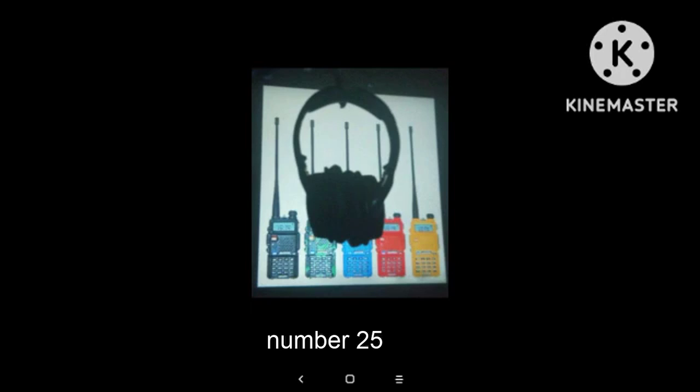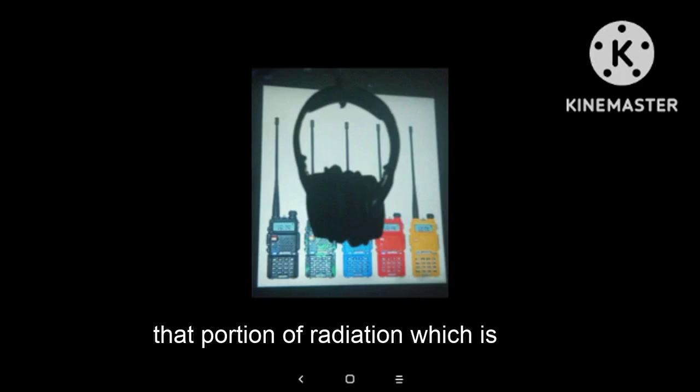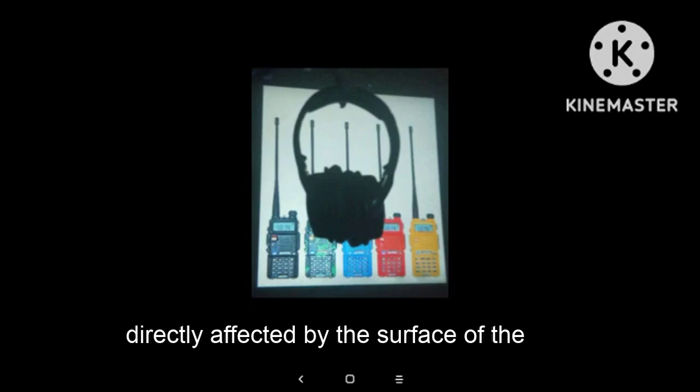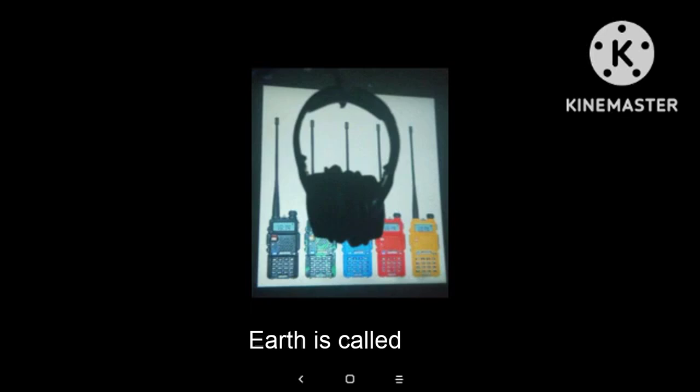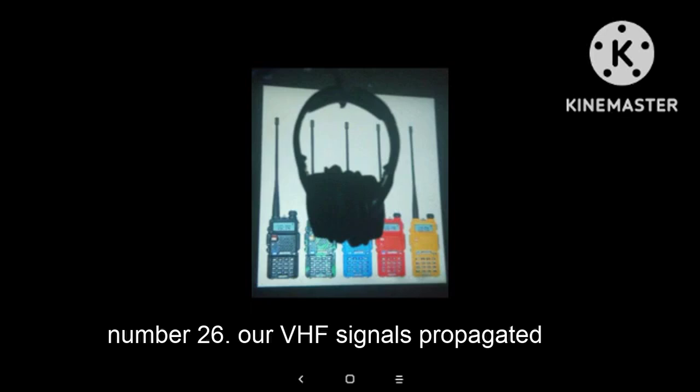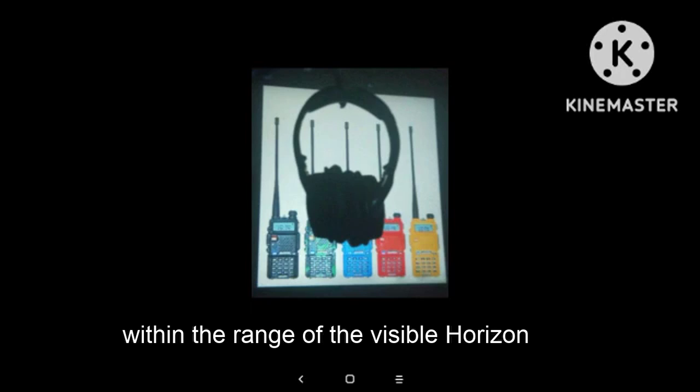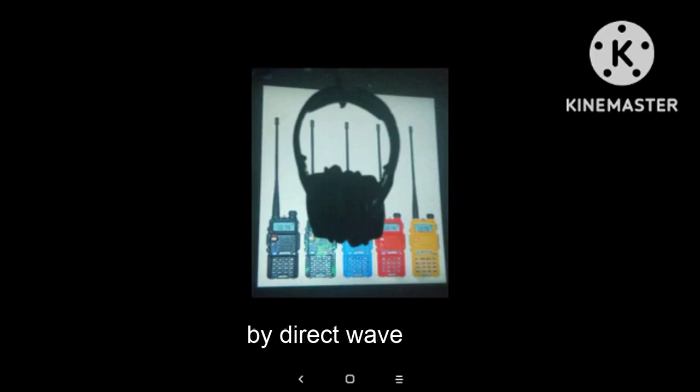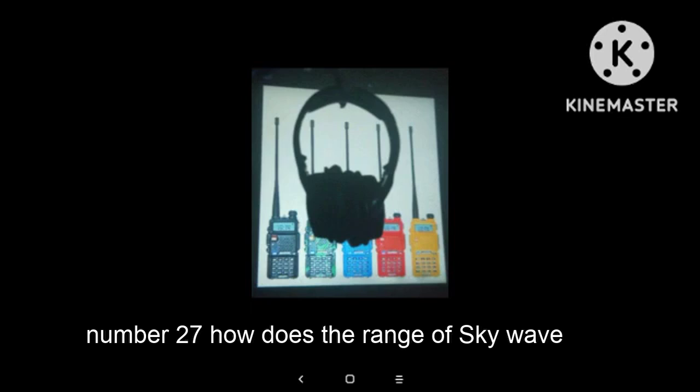Number 25. That portion of radiation which is directly affected by the surface of the Earth is called ground wave. Number 26. How are VHF signals propagated within the range of the visible horizon? By direct wave.